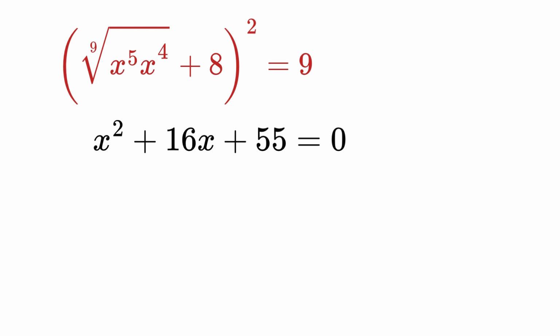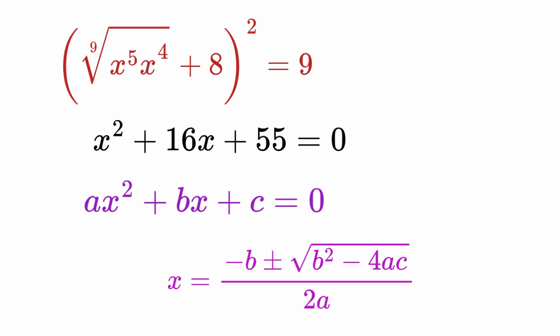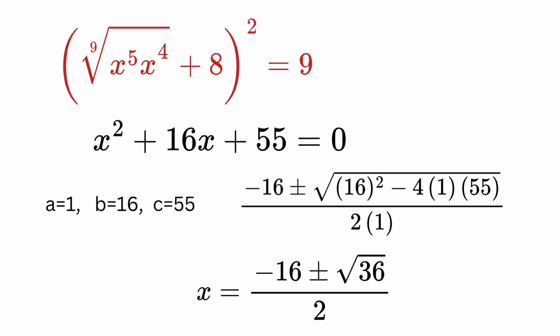This is in the form of x square plus bx plus c is equal to 0. To find the roots of the equation, x is equal to minus b plus or minus square root of b square minus 4ac, by 2a. Substitute a equals 1, b equals 16, c equals 55 in the roots equation.